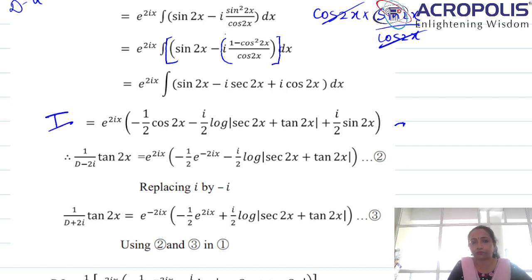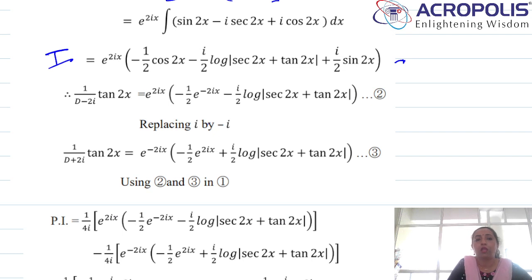Now, this is equation number 2, the solution of part 1. If we replace i by minus i, we will get the solution of part 2. That is e to the power minus 2ix minus 1 by 2 e to the power 2ix.